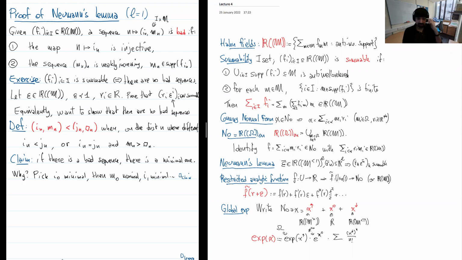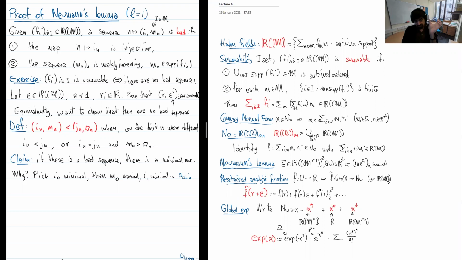Why? Because the indices i_n are injective, because by construction each finite piece of the sequence, as I built it, is part of a larger bad sequence. Because by construction, we're taking i naught minimal at the start of a bad sequence, then we fix it, and m naught is maximal such that there is a bad sequence doing that.